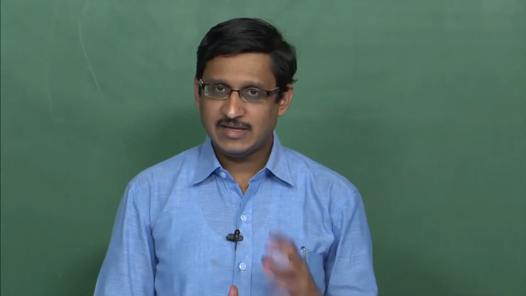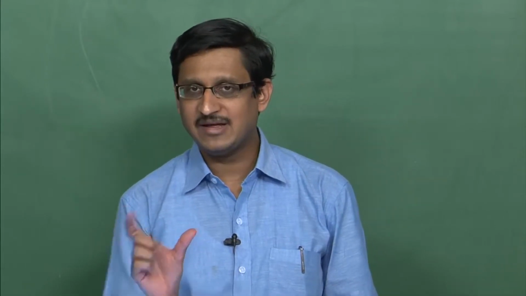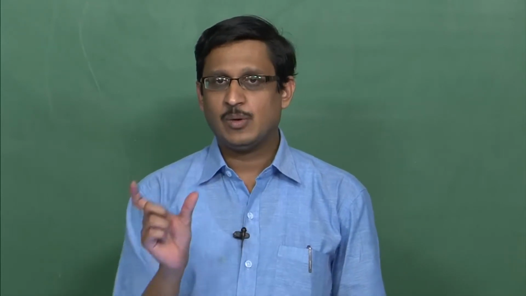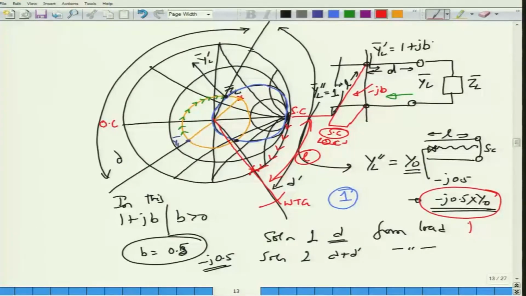There is one small catch here. Suppose someone tells you that the characteristic impedance of the stub has to be different from the characteristic impedance of the main transmission line. That is, the stub has say Y0 prime while the main line has some Y0. In that case, what you do at the point where you find out what is the reactance, right. So this is the amount of susceptance that you need to add by the stub, right.